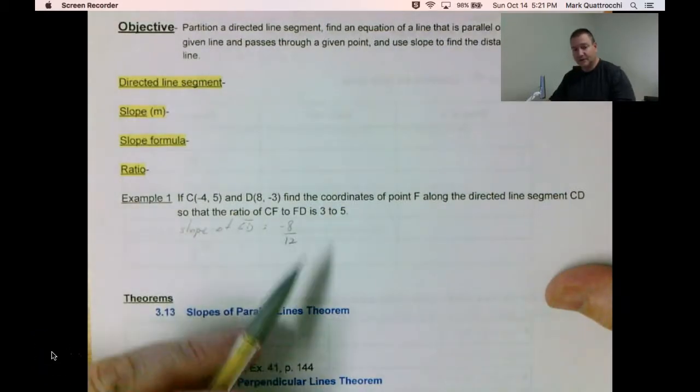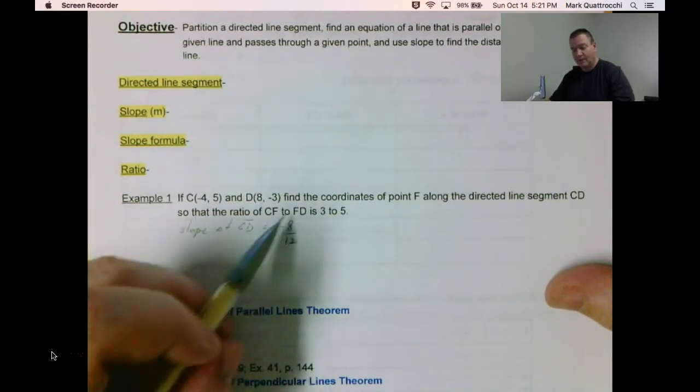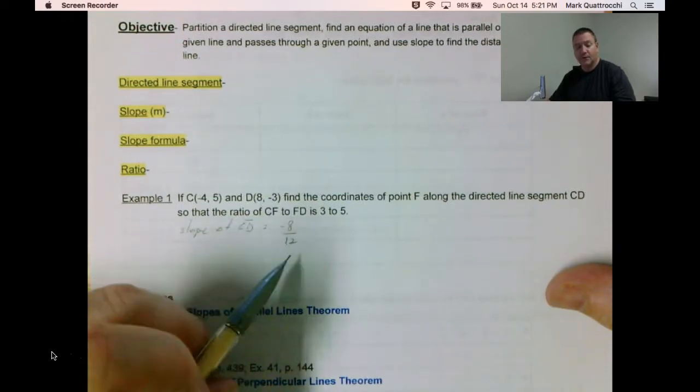And here's the key: you cannot reduce this. Normally when we have a fraction like this, you would reduce it, but we do not want to do that in these types of problems. We want to leave -8/12 as what we're going to be using.